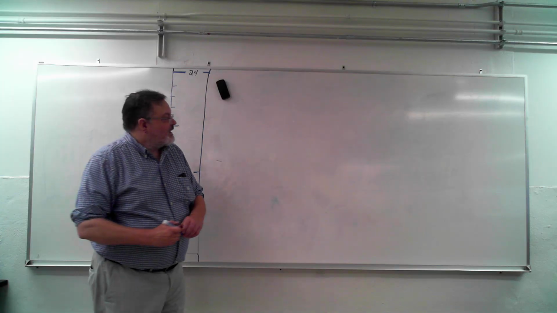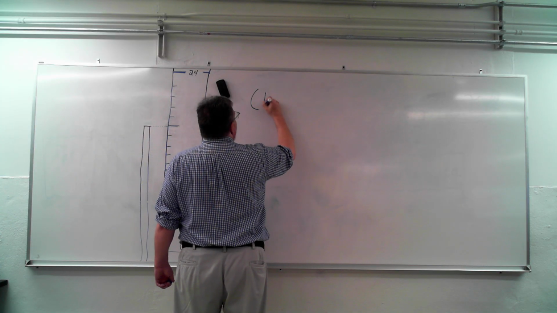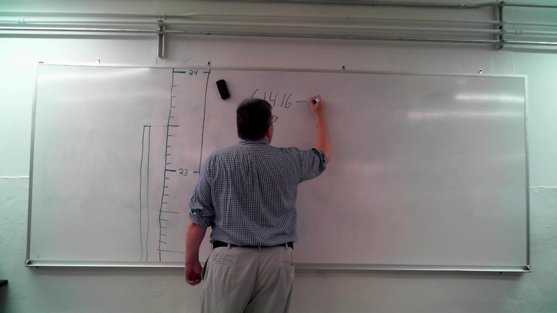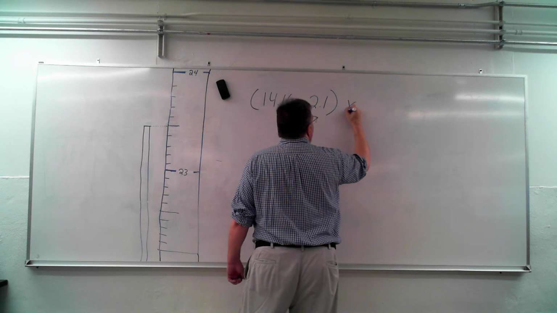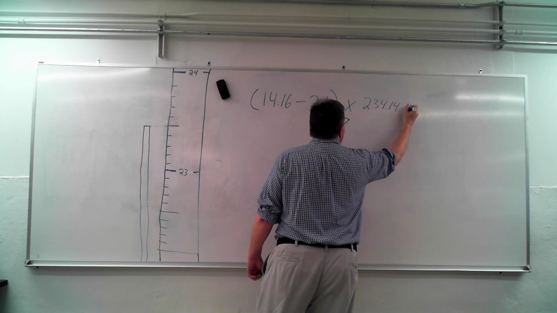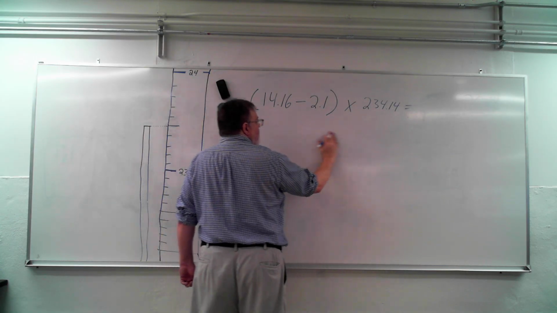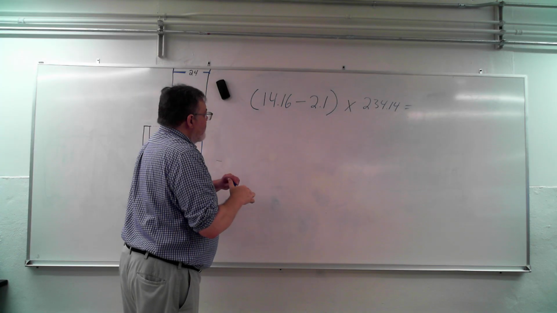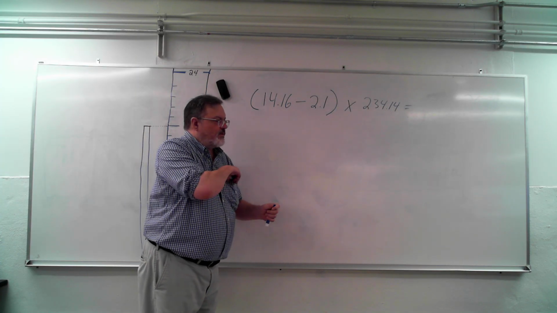But if they're mixed in, if you have something like this, now you have addition subtraction going on in here and multiplication division going on in here. The way you handle this is, of course, you're going to do what's in the parentheses first.